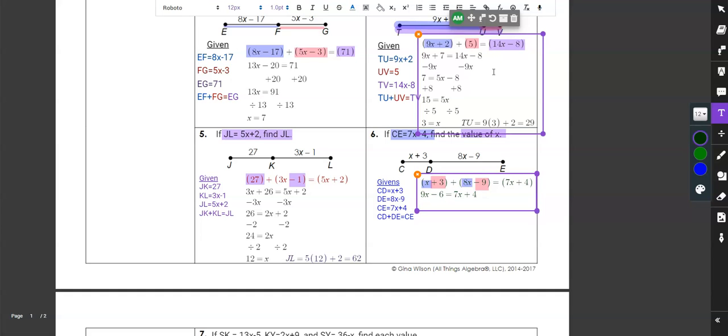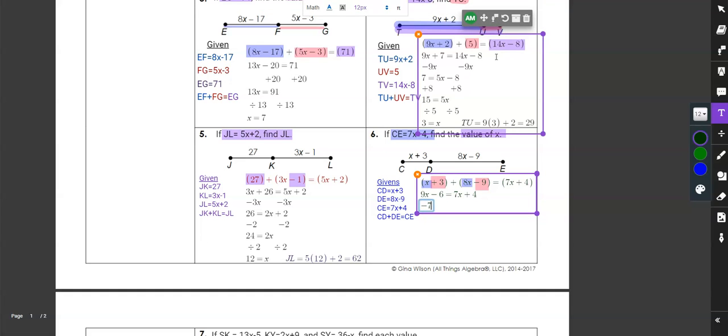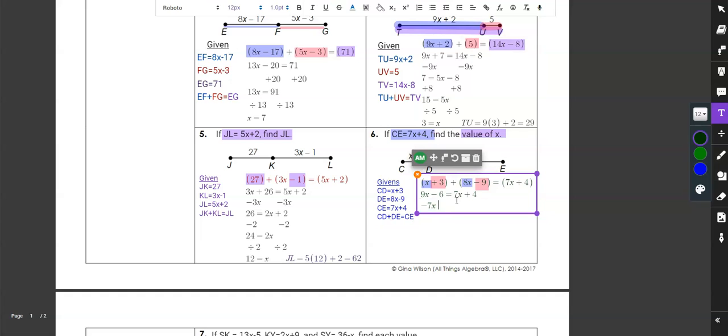All right. So now I'm going to subtract 7x from both sides so that I can have my positive x. Here we go.